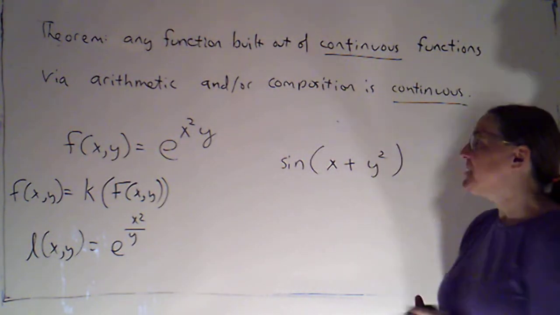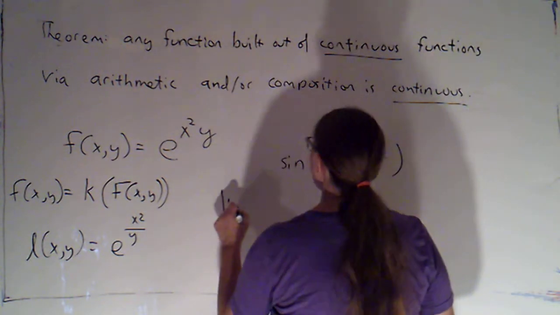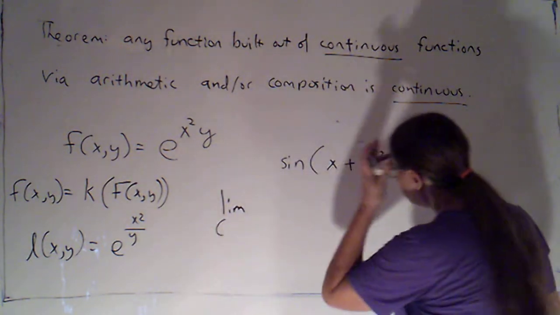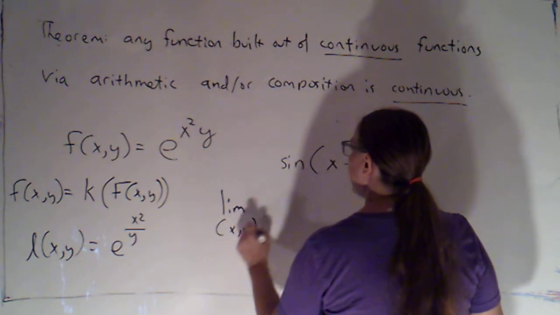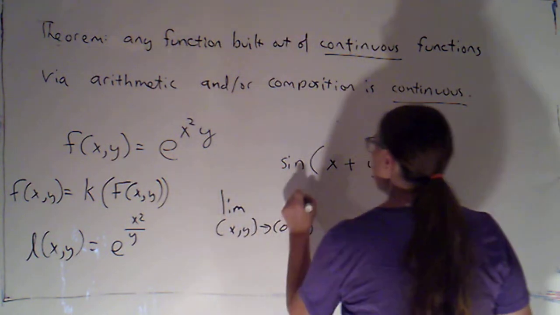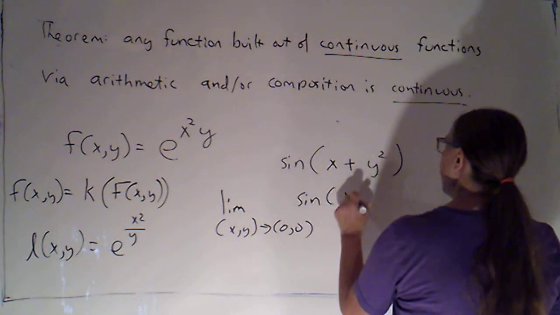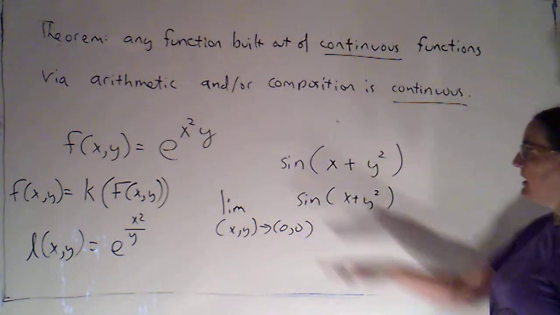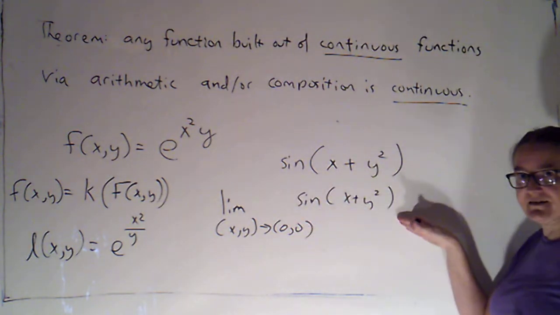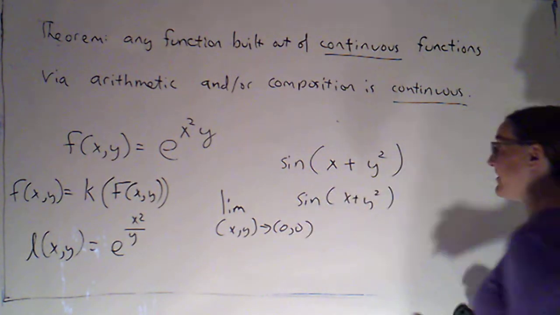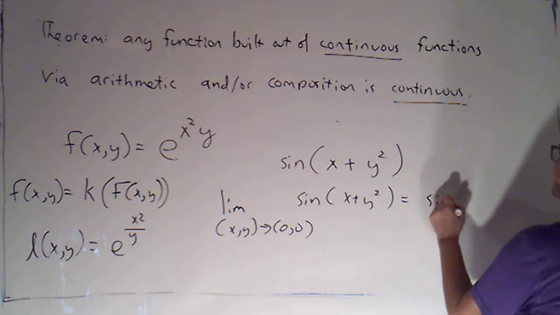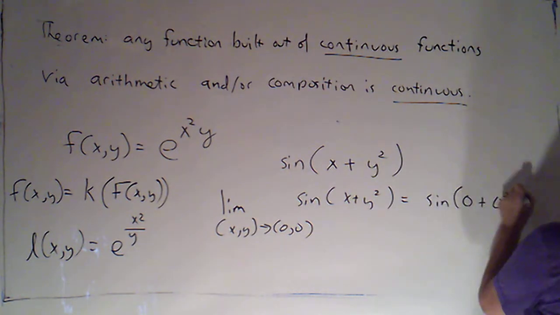Kind of nice. So that means, for example, if I wanted to take the limit as xy goes to 0, 0 of sine of x plus y squared, this function is continuous on its domain. The origin is in its domain because it's defined everywhere. So this would just be sine of 0 plus 0 squared.